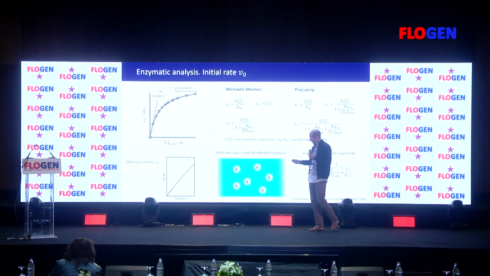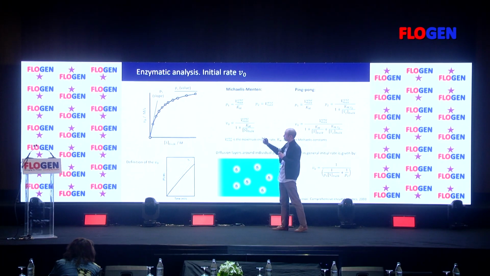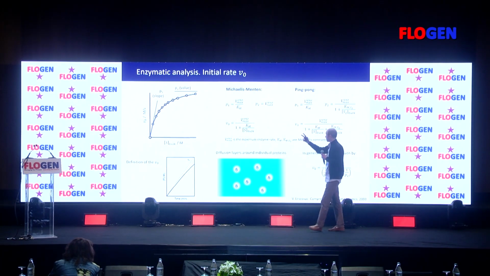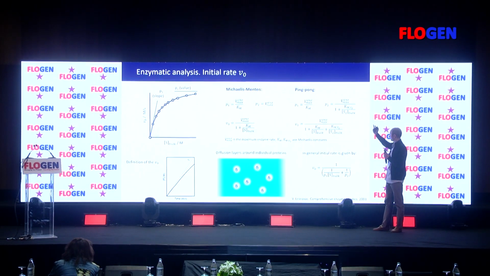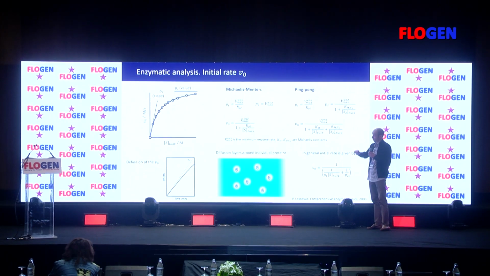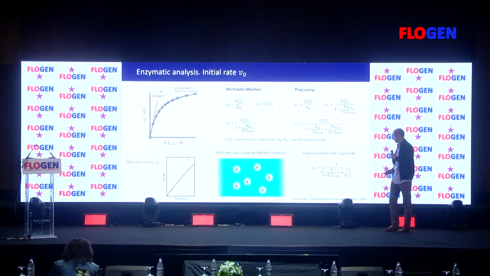The two figures of merit which are generally extracted from this kind of plot, I call them P1 and P2 here, are the slope at the very small concentration and the asymptotic value at the very large concentrations. For these two mechanisms, they can be written from the enzymatic textbooks, and they look like this. If we can extract these parameters from this curve, we can then easily relate them to the enzymatic rate which we basically need.